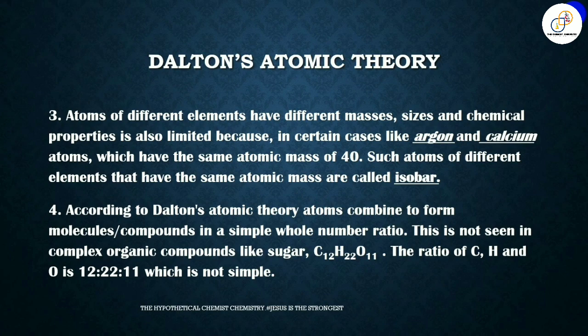In other words, there is no integer that you can divide through 12, 22, 11 by and get whole numbers throughout. So that also disproves that point. So these are the limitations of John Dalton's atomic theory.